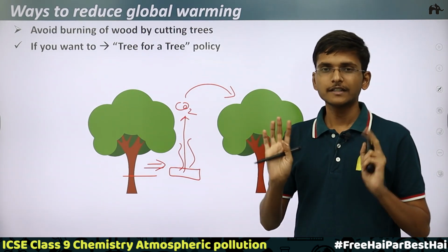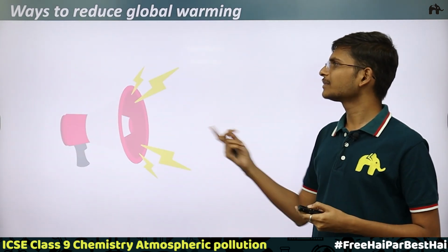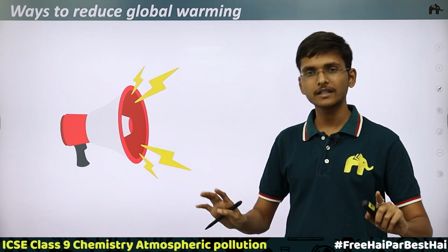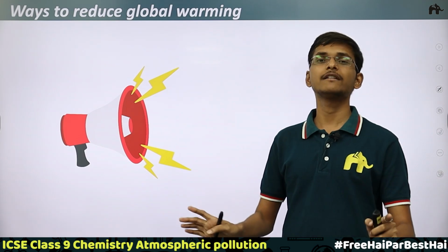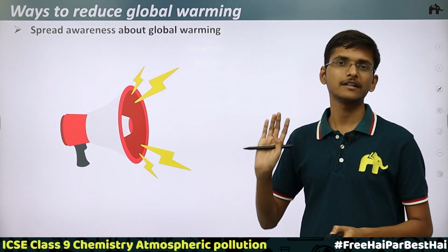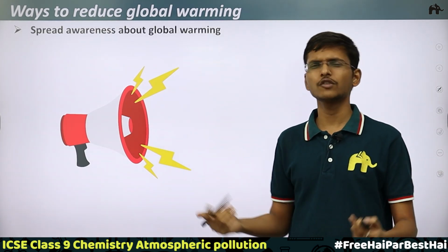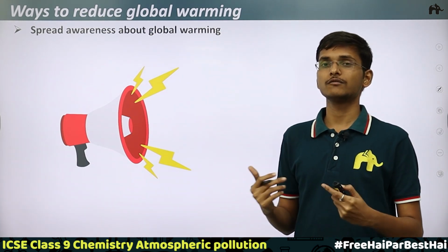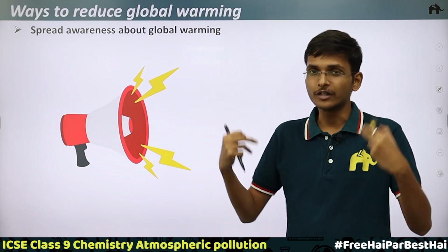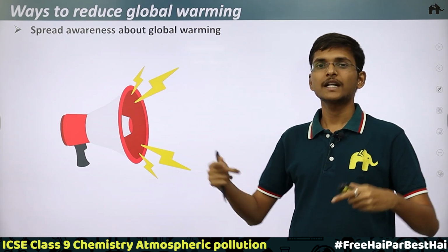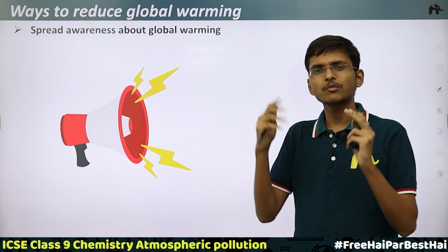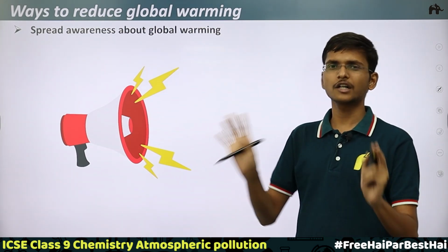Correct? Fine. Moving ahead, the simplest thing you can do at your ground level is to spread awareness about global warming, right? Because many people don't know what global warming is, or what would happen if we let carbon dioxide enter the atmosphere at an uncontrolled level.